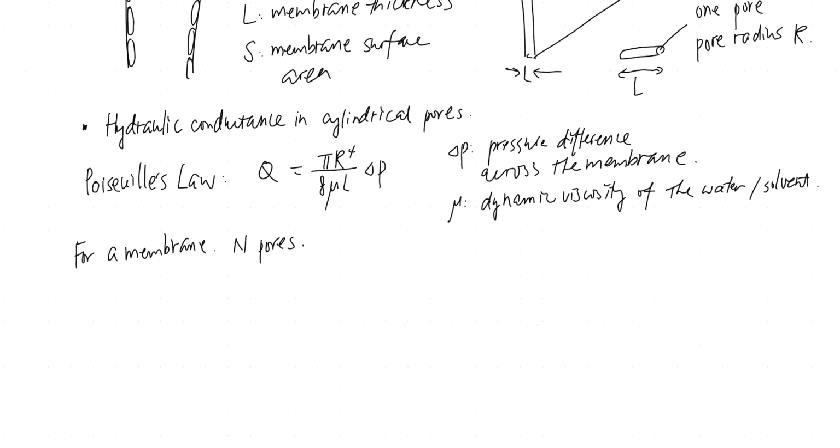This is what we call the tortuosity factor, tau. It is always greater than or equal to 1.